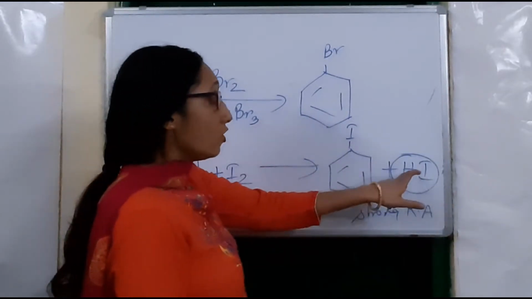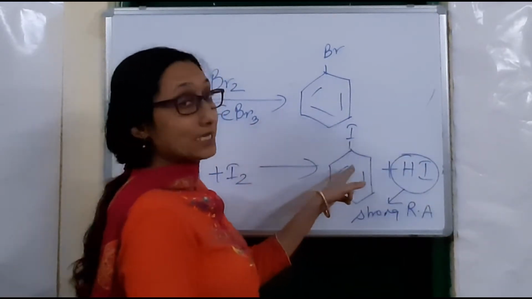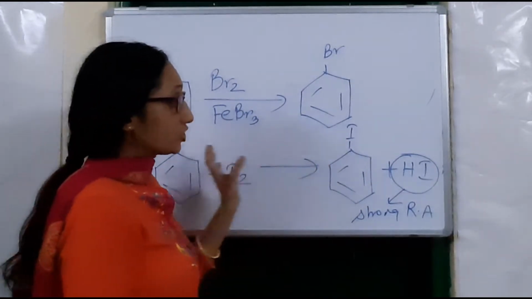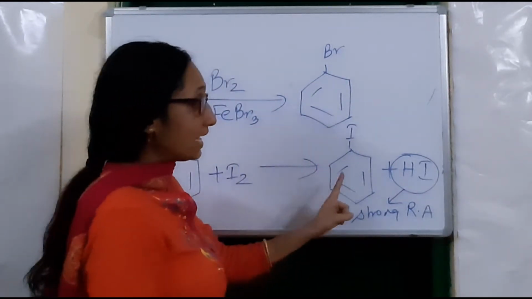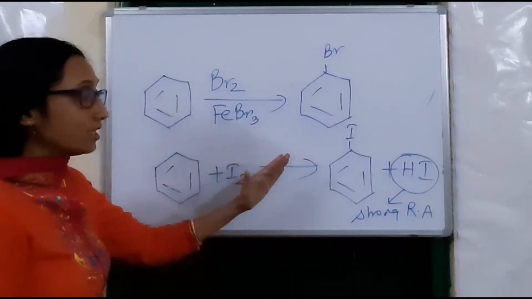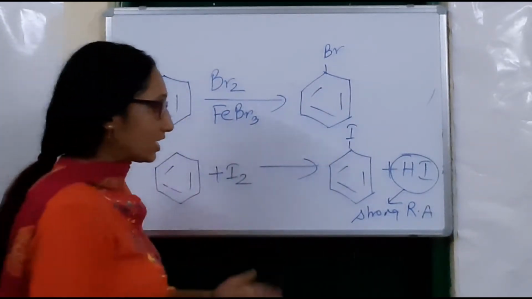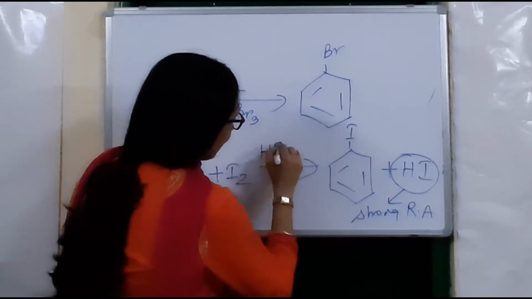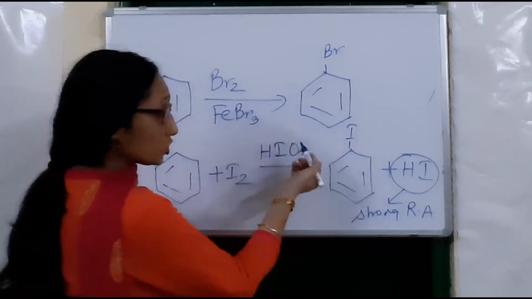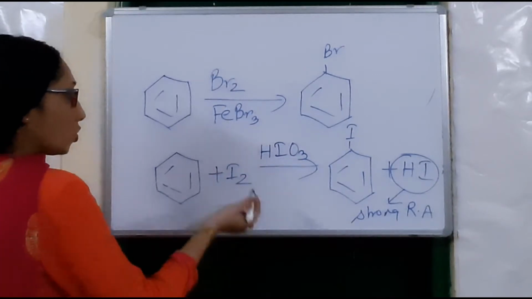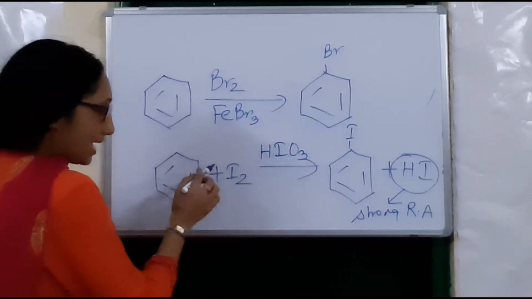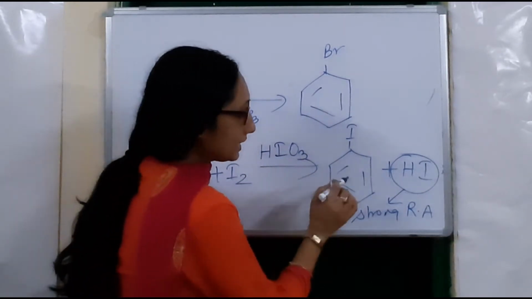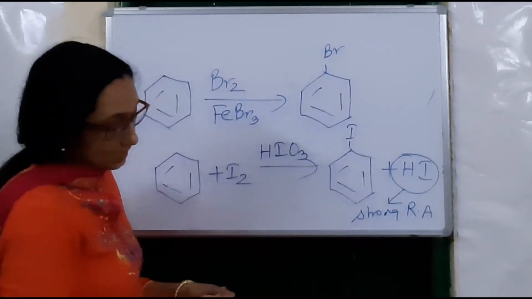This HI will reduce the iodobenzene formed to benzene again. That means this reaction will be reversible in nature. So to check the reversibility of this reaction, we have to use a very good oxidizing agent. You can also use nitric acid. So if we iodinate benzene in the presence of HIO3, then we will get iodobenzene.